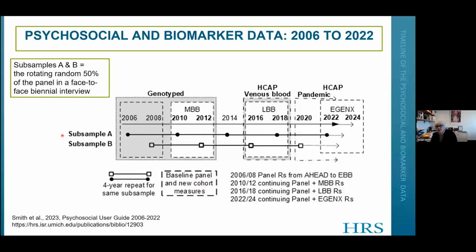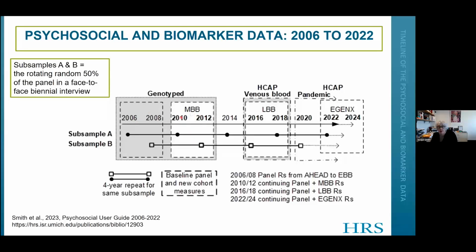Okay, so this is now starting in 2006, and I know it looks complicated, but basically this was when we first started this 50-50, and they also provided saliva, and that saliva has all been genotyped. So we have 2.5 million SNPs of the genome from this group.